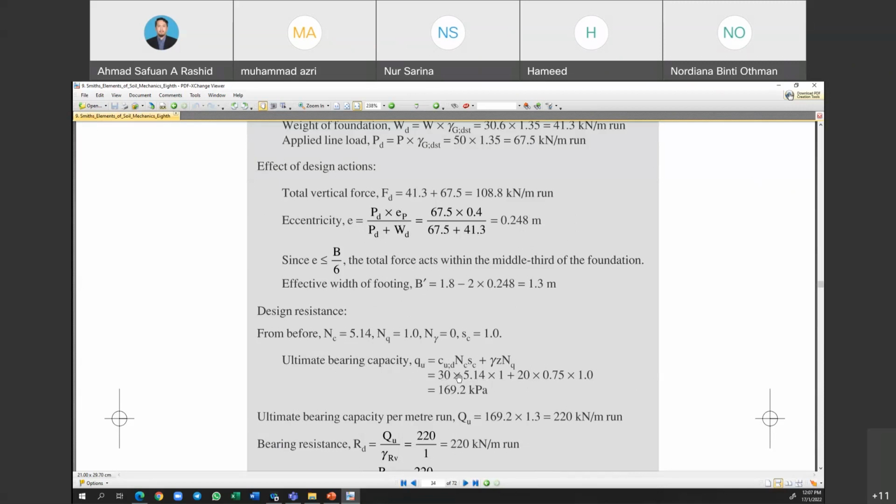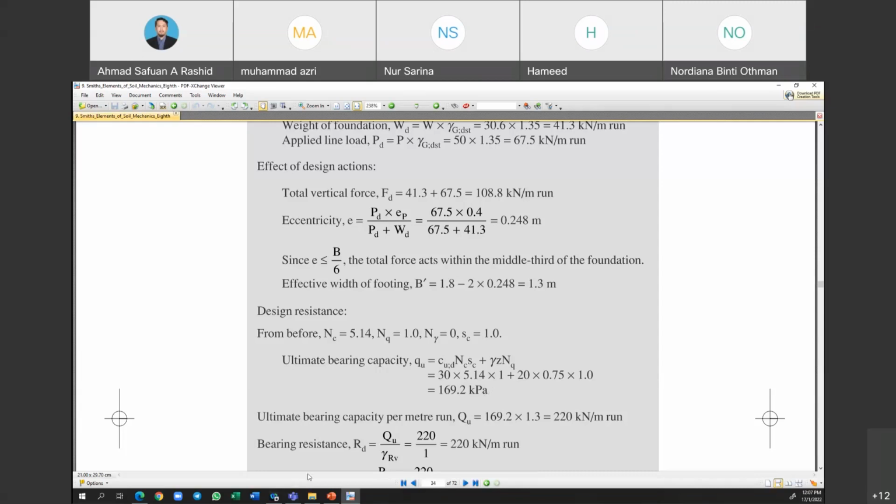So we obtain 169.2. Okay. So that is for the ultimate bearing capacity. Okay. Ultimate bearing capacity or load, in terms of load value per meter run. So 169.2 should be multiplied with 1.3. Okay, so we obtain 220.